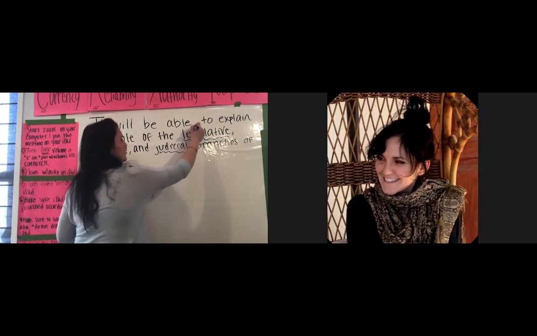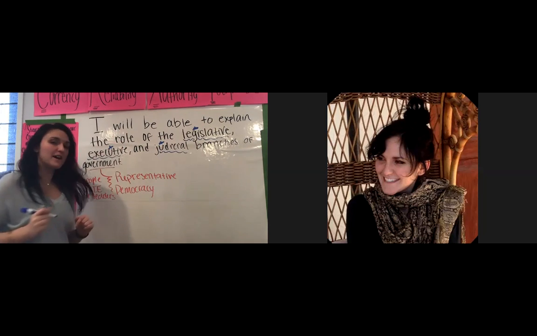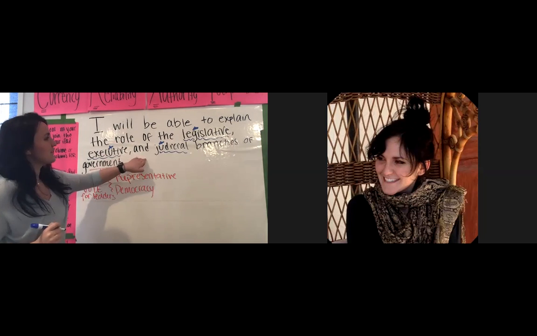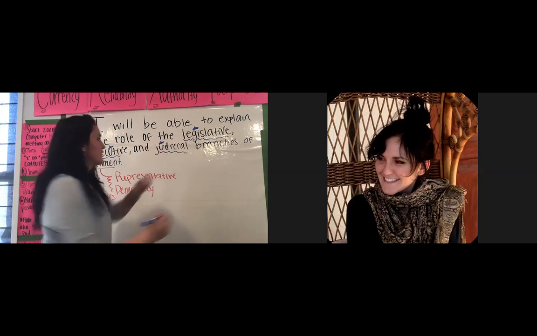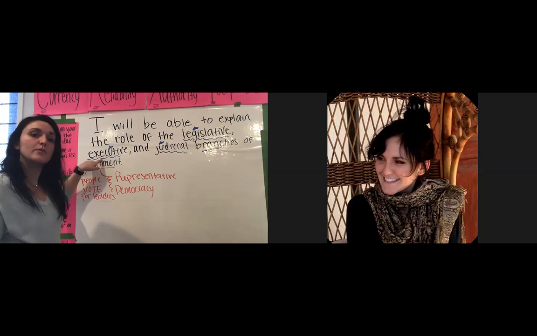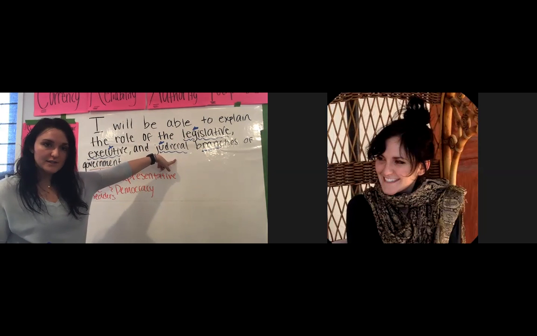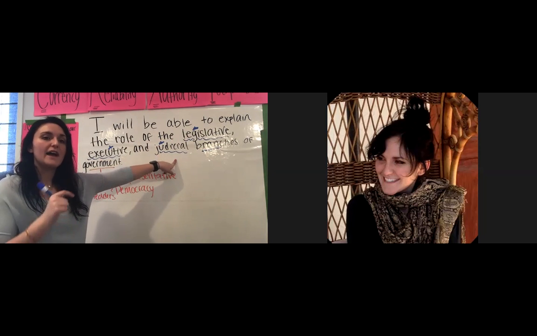These 3 terms are new for us. We don't know what they are yet, and I'm not going to tell you. You're going to figure out what the legislative branch of government is, what the executive branch is, what the judicial branch is, through the activity that you are doing today.